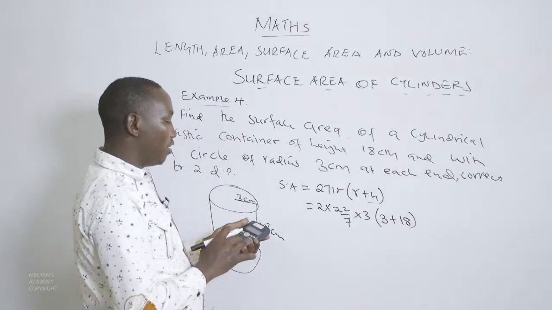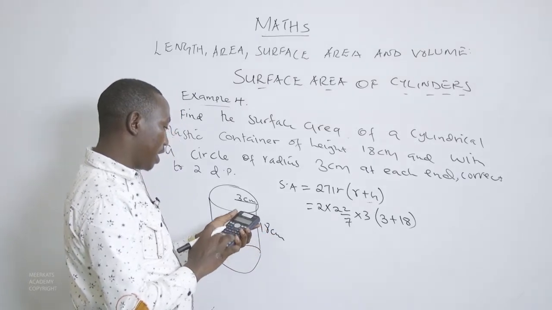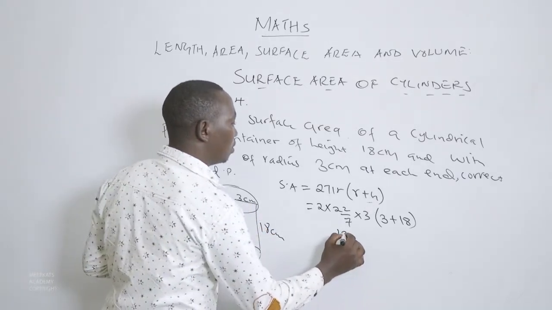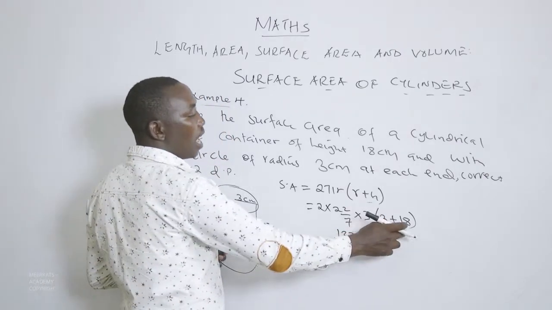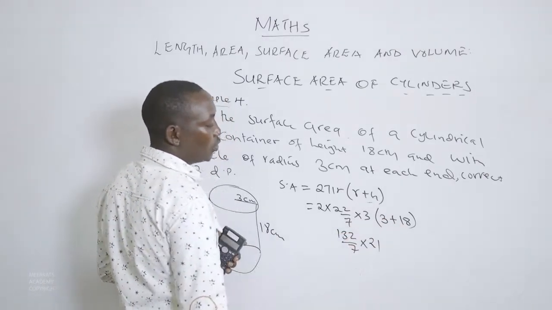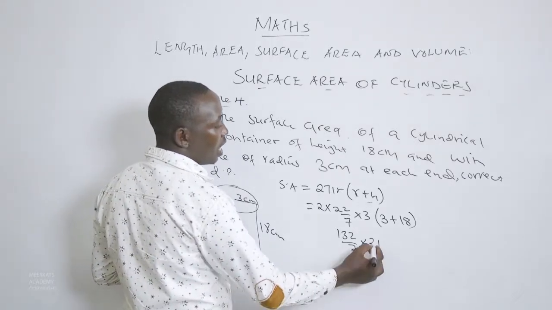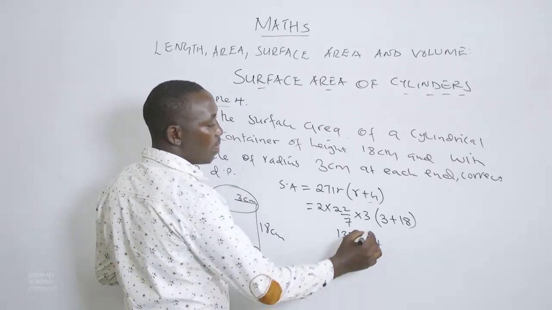So this part will give us 44 times 3, that is 132 all over 7. We multiply by 3 added to 18, which is 21. 7 goes into 21 3 times.